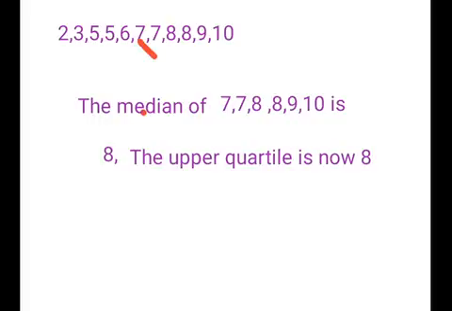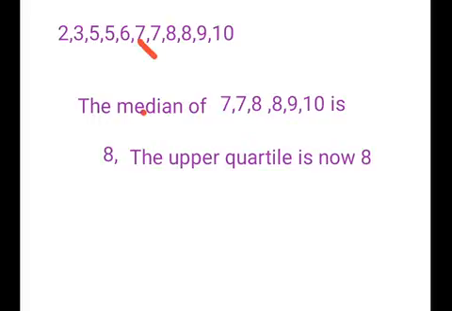When we divide this data into 2, remember there are 11 numbers. So the first half will go up to the sixth number. Then the second half will count from the right hand side up to the sixth again. So one of the 7s will belong in the first half and also in the second half. It will be shared.